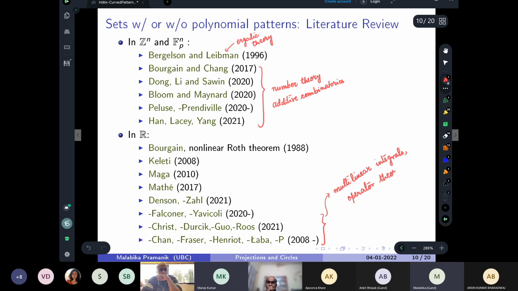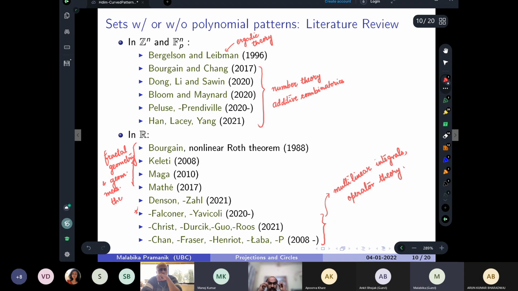And the work of, let's say, Keleti, Maga, Mathe, and so on, and also the work of Falconer, Yavicoli, these are actually related to the study of fractals. So fractal geometry and geometric measure theory.